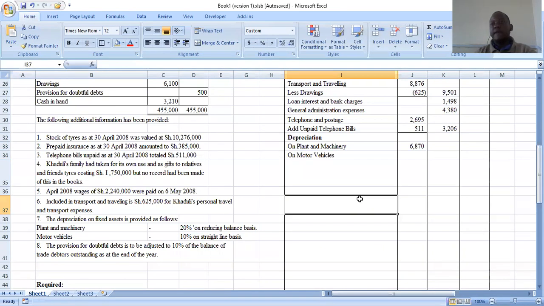It charges a constant value: the cost minus the scrap over the working life. Okay, sawa. So that is true.